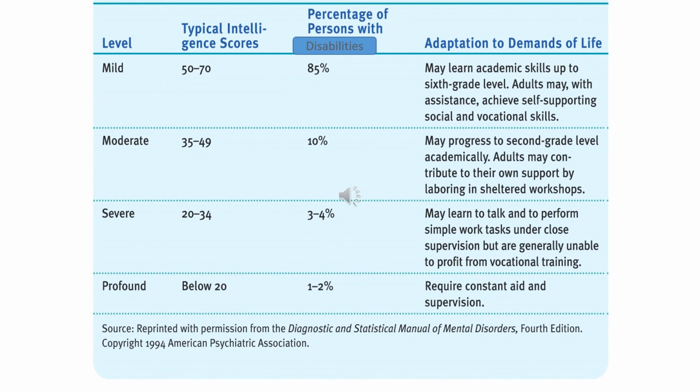As an adult, somebody in the mild category can often live on their own and support themselves, working in certain vocational areas. They would need jobs where somebody's watching over them and assisting them.